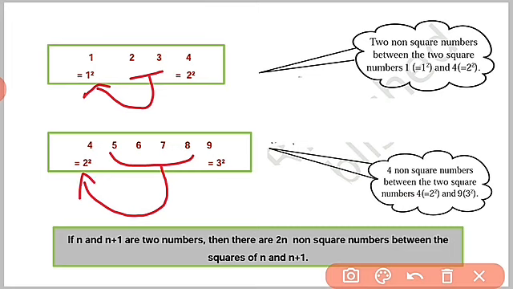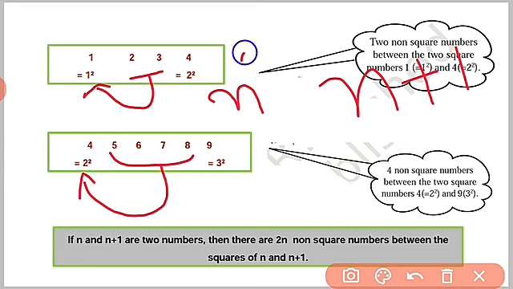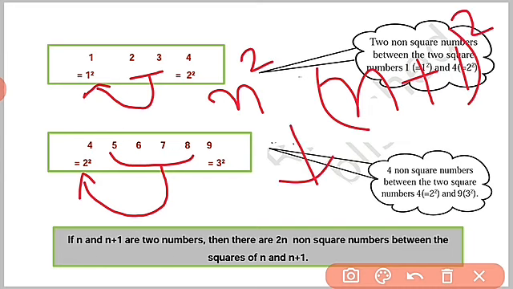So what we can conclude in general is, if there are two numbers n and n plus 1, then between the squares of these numbers there will be 2n natural numbers or 2n non-perfect square numbers.